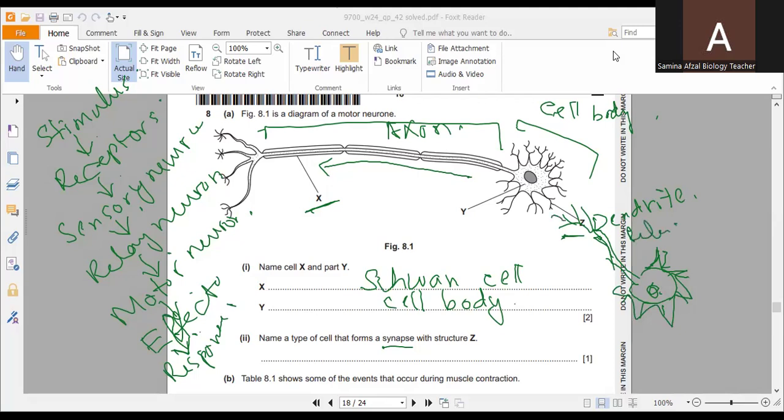So it will be the synapse, a small distance or gap between the dendrite of the motor neuron and the axon terminal of the relay neuron. The answer is axon terminal of relay neuron.